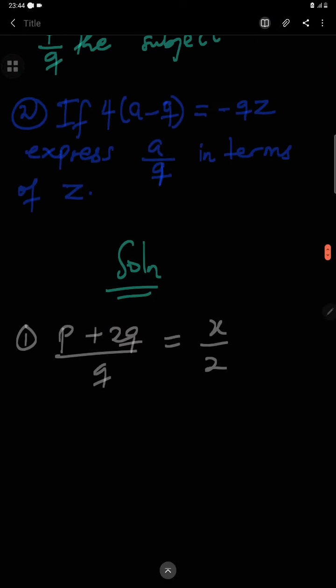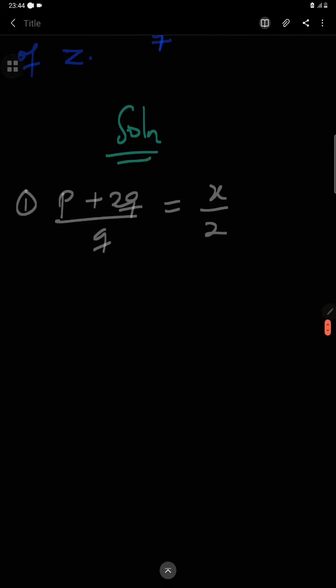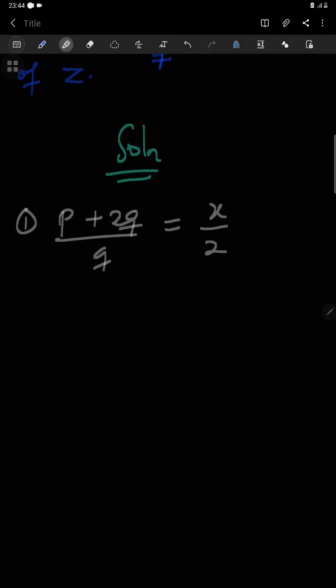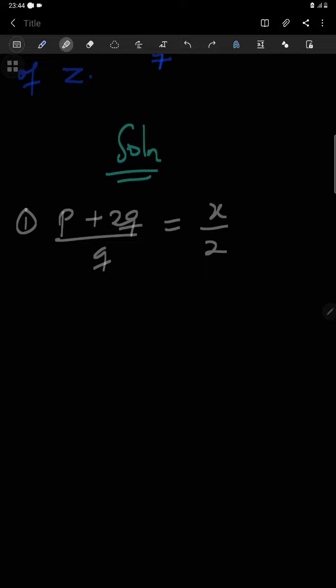So you see that clearly this is one fractional term on each side of an equal to sign. How can we solve this? More appropriately, we cross multiply, as we have said.